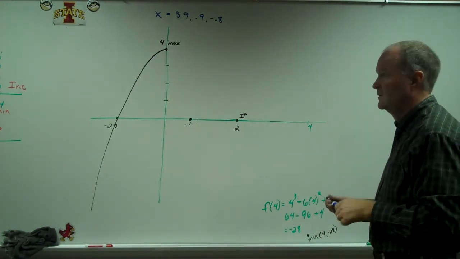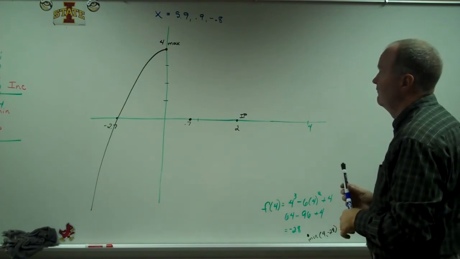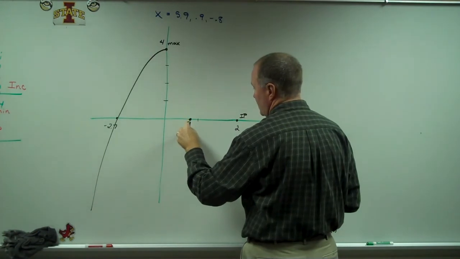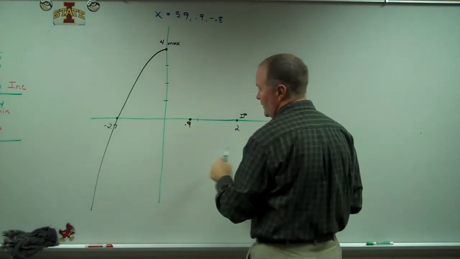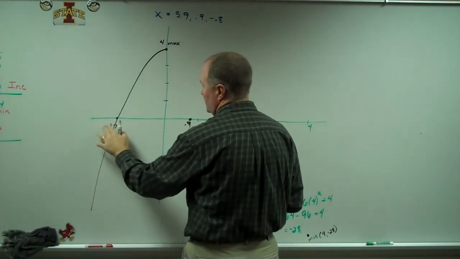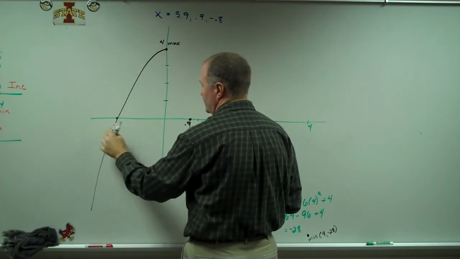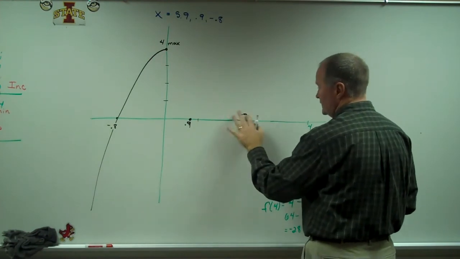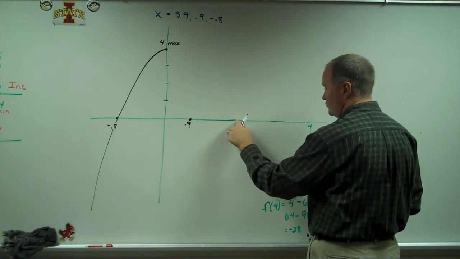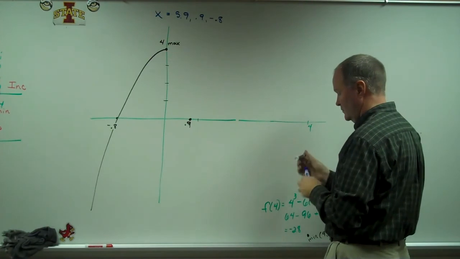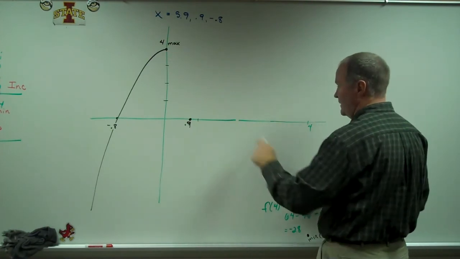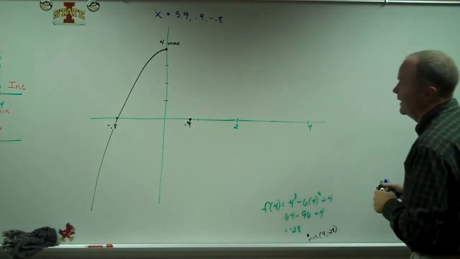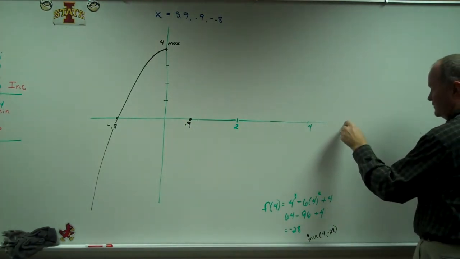Okay. That changes things a little bit, doesn't it? That's 0.9. I can make this negative 0.8 without a problem. But this 2 here is an issue, because now that's not my IP anymore. And I got 5.9 over here.